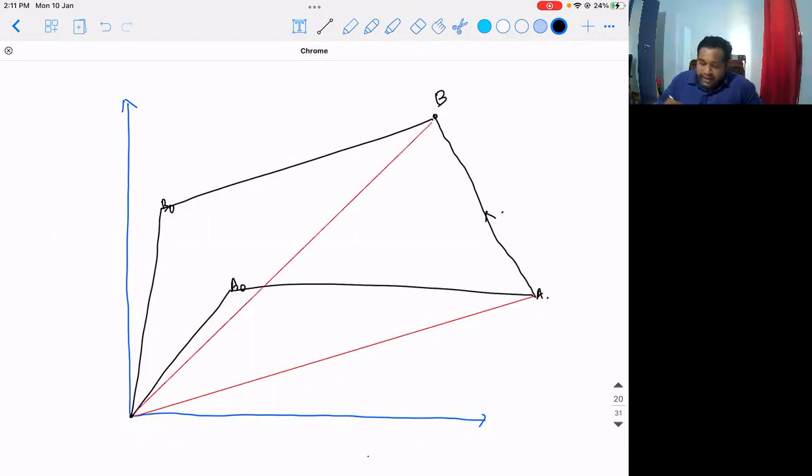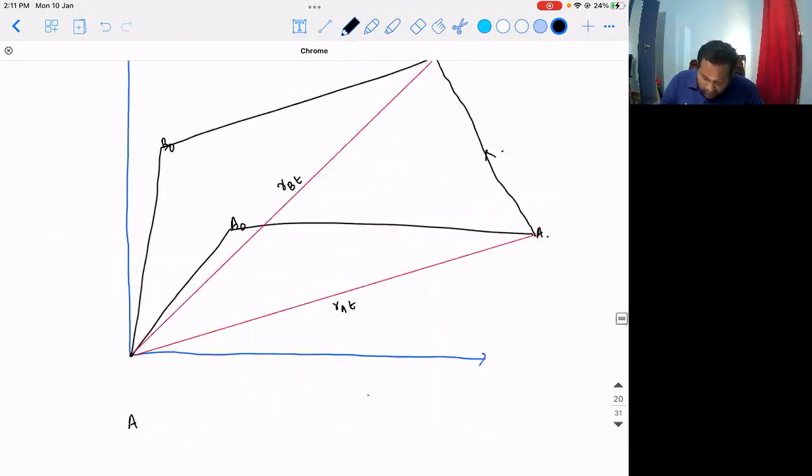So we can easily calculate it. Using this, we can calculate the value of vector AB. How? The position vector of B after t seconds is equal to the position vector of A after t seconds plus vector AB.